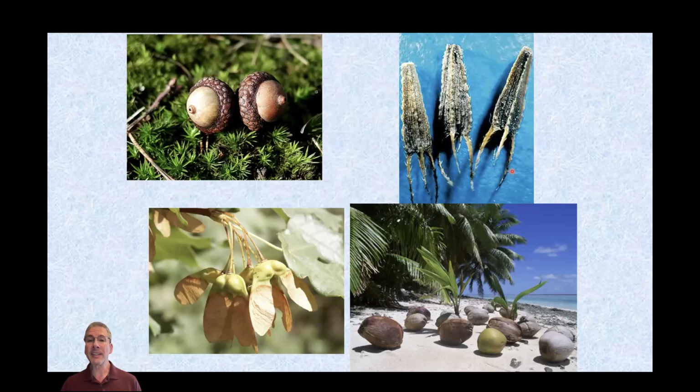Some are highly adapted for sticking to animal fur and again being carried off long distances and potentially growing into new plants. Others are highly adapted for wind dispersal, like we see here, and others, for example, coconuts, are adapted for water dispersal. So they can actually be dispersed long distances where they might wash up onto the beach and start to grow into a new palm tree.